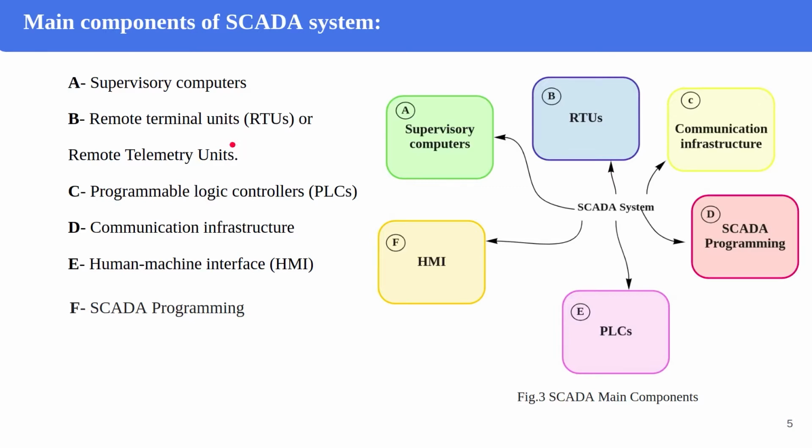These electronic devices are controlled by microprocessors and are used for transmitting recorded data to the supervisory systems. They also receive data from master systems to control the connected devices or objects.